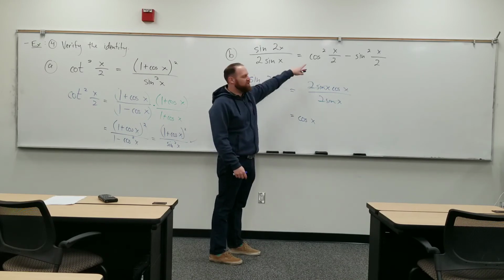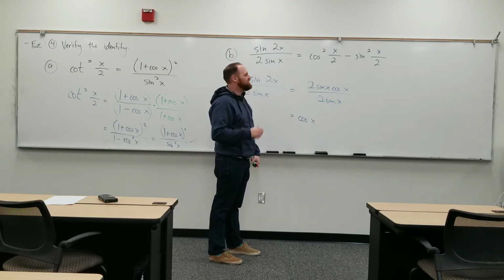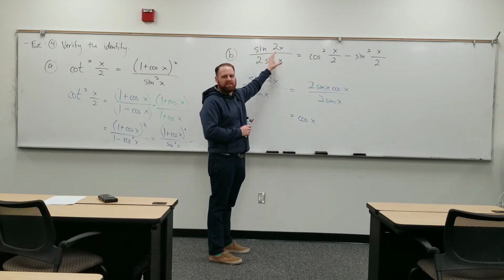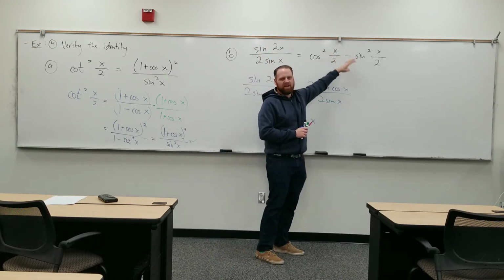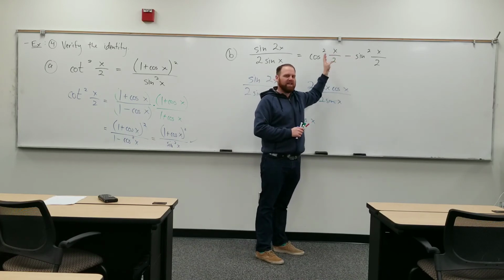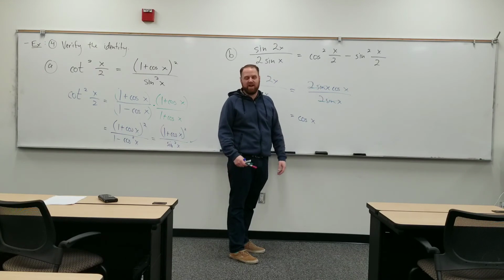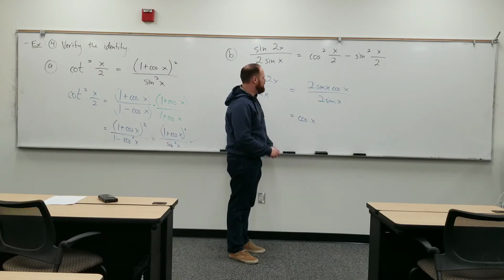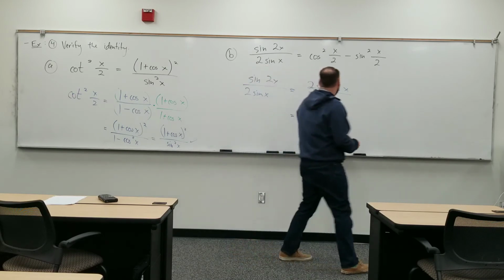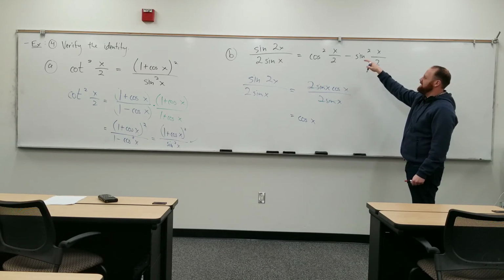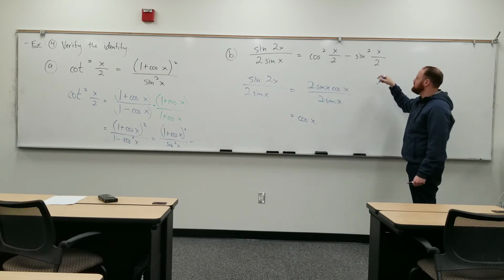Getting that to look like the right-hand side might be a little more challenging, but here's what I'm thinking. I did some simplifying on the left-hand side, so I'm going to do some simplifying on the right-hand side. If I can get the right-hand side to also be cosine x, then I've proven the identity, right? So let's do it. I think we can. I'm noticing a double angle identity there.